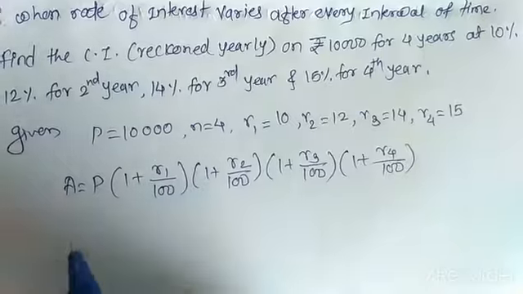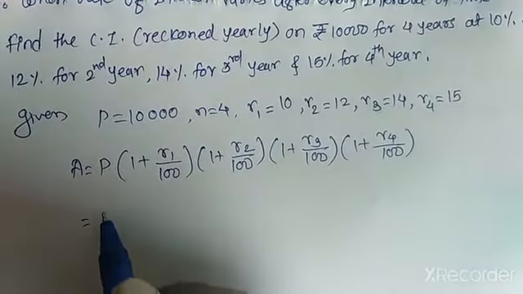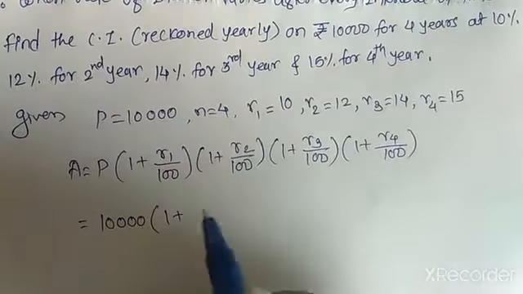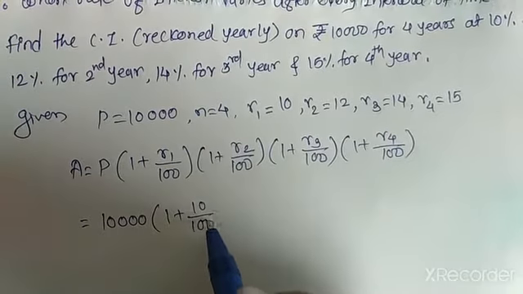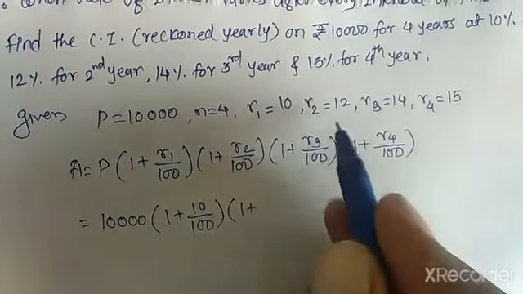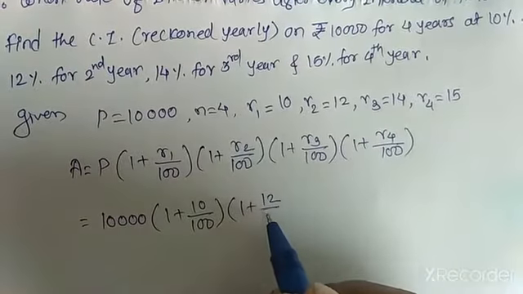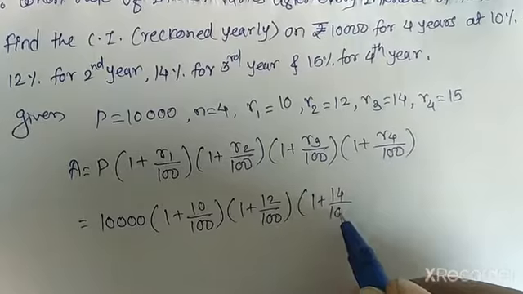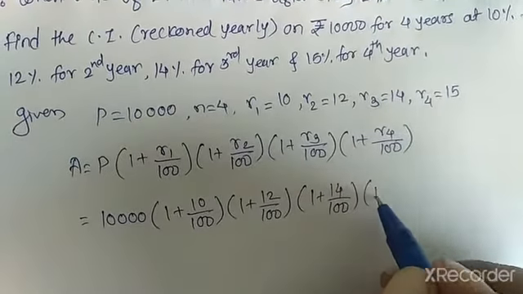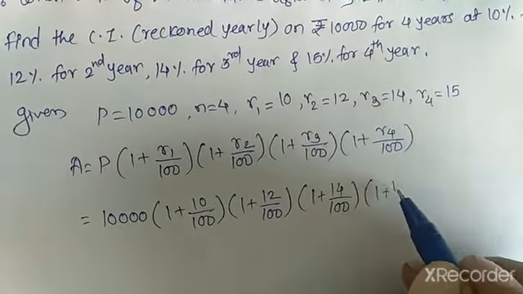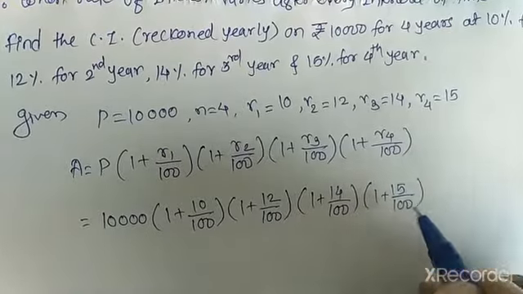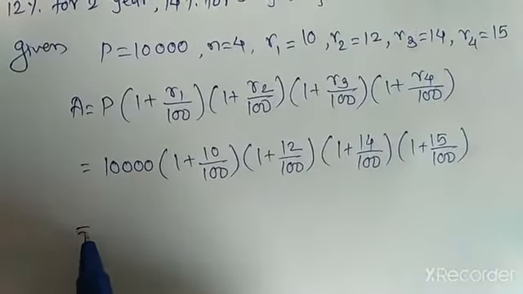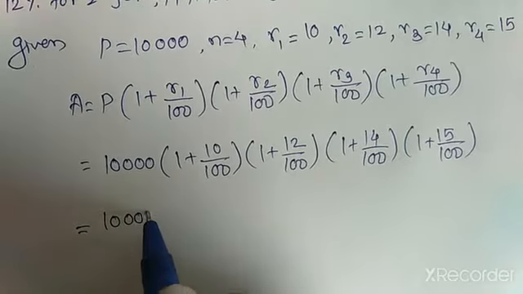Okay, so we put the values, which gives 10,000 into bracket 1 plus R1 upon 100, which is 10 upon 100, into 1 plus R2 is 12 upon 100, into 1 plus 14 upon 100, into 1 plus 15 upon 100. Okay, so this will give us 10,000 into bracket.